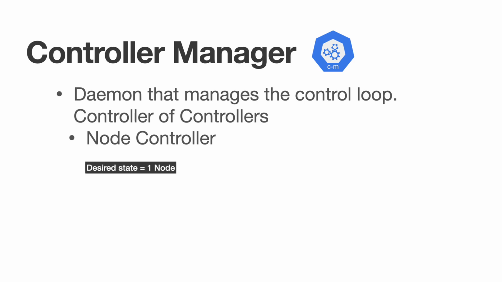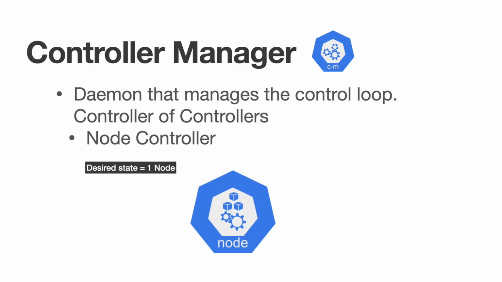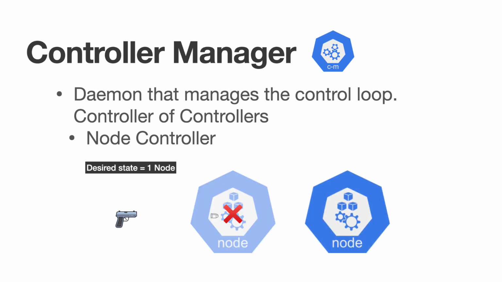This is not the actual way to do it, but this is just an example. If we have 1 node and this node dies, maybe it has a disk failure, or it ran out of memory, or any other factor, then the node controller is responsible for bringing another node. So this is the purpose of the node controller.